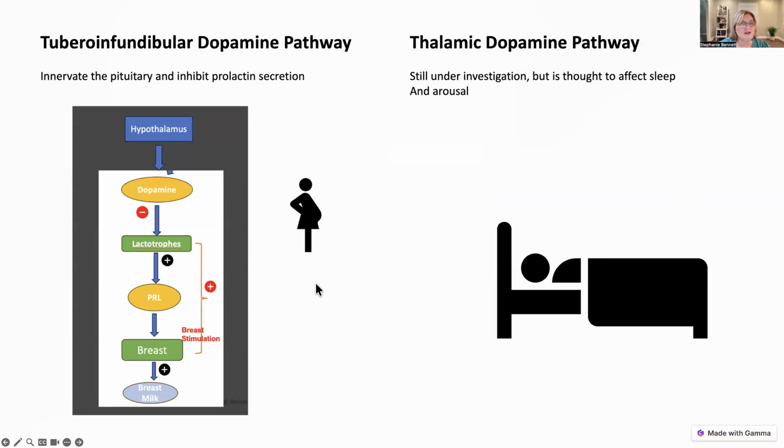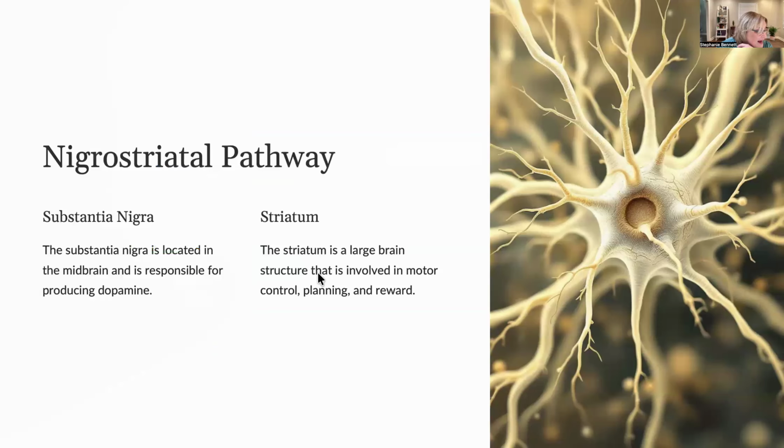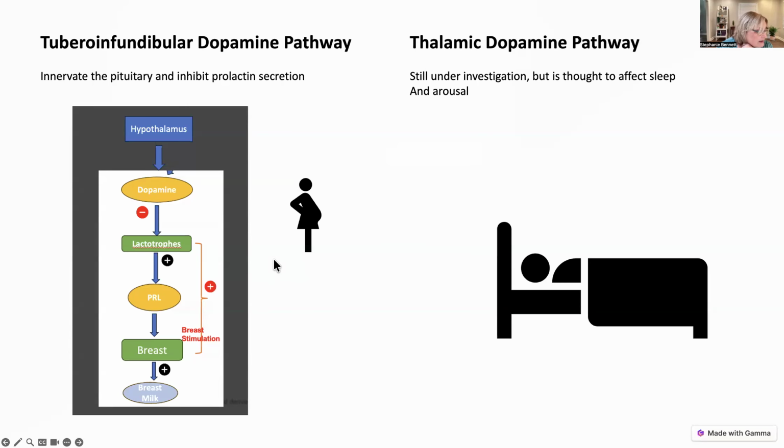Another thing, let's just hang tight. We'll swing back to pathophysiology for just a half a minute. If you remember, dopamine is always being released from the hypothalamus, going to the pituitary. In the pituitary, we have lactotrophs, and these release prolactin and stimulate the breast milk.